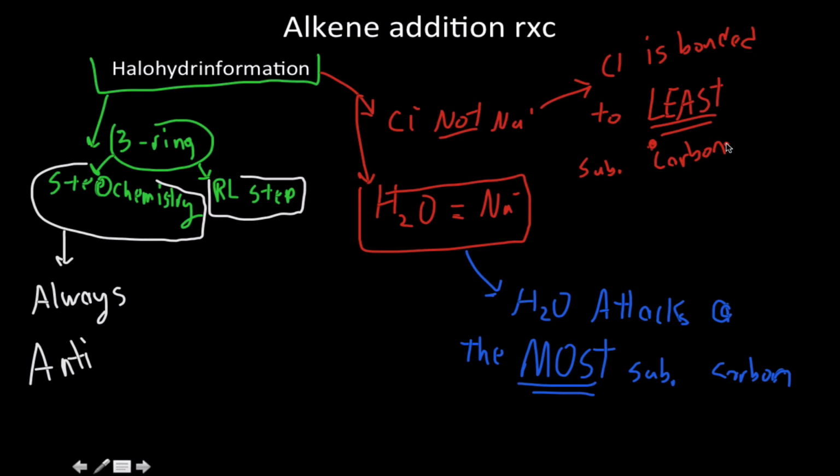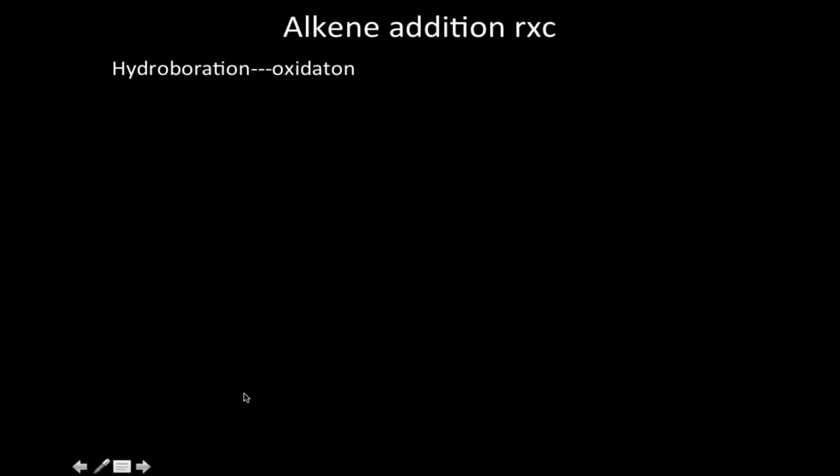To me, that just, what the hell? That's so confusing to me, at least. And hopefully that'll make sense. So always anti, and with that anti configuration, obviously it's going to be trans, and you're going to have an enantiomer formation. So that's crazy.